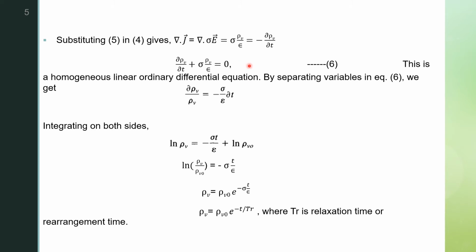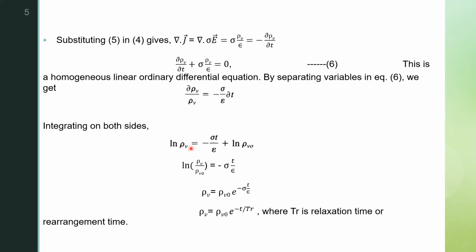applied in equation number 6, we get dou rho V by rho V is equal to minus sigma by epsilon dou t. Integrating this equation on both sides will result in the expression ln rho V is equal to minus sigma t by epsilon plus ln rho V0, where rho V0 is the constant of integration.